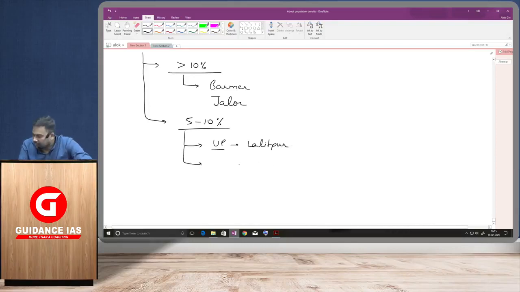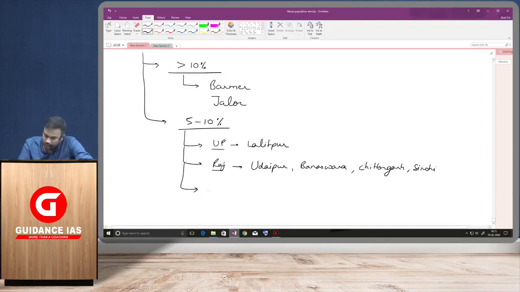In Rajasthan, lots of areas: Udaipur, Banswara, Chittorgarh, Sirohi. In Gujarat, it is Sundarnagar.